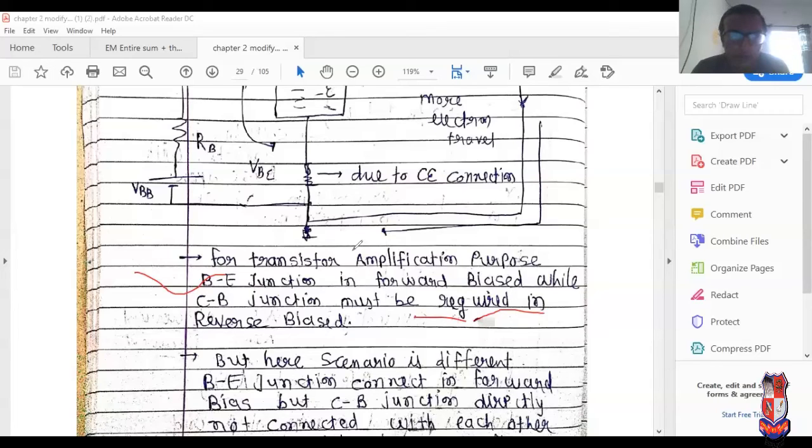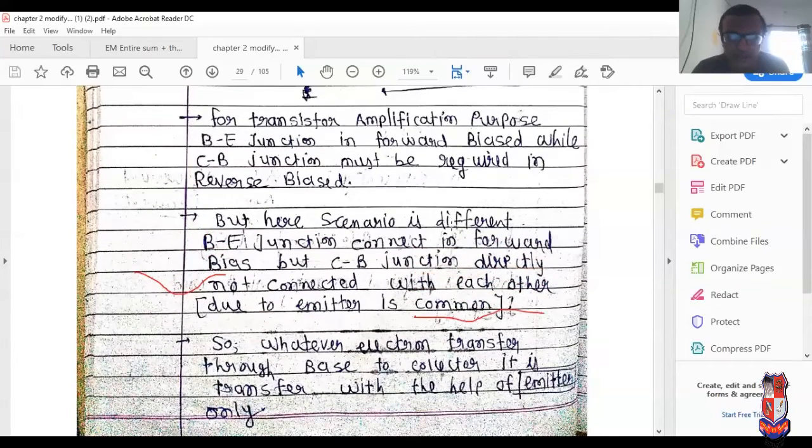But here the scenario is different. The base emitter junction is forward biased, but the collector and base are not directly connected to each other due to the common emitter. So whatever electrons transfer from base to collector are transferred with the help of the emitter only.